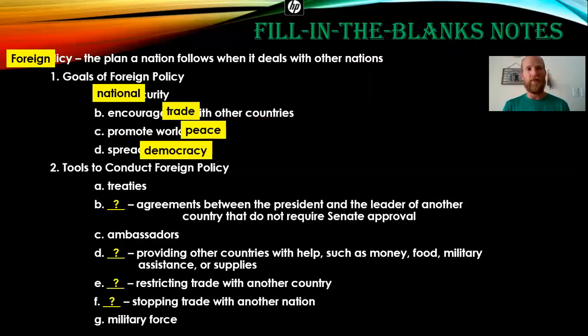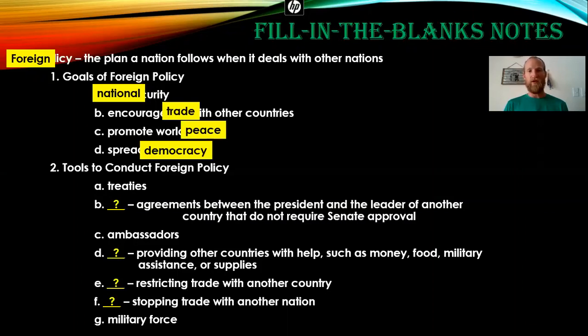And the fourth goal of foreign policy is to spread democracy. We like to say that democracy is the highest form of government that allows freedoms and rights to flourish. It allows people to prosper.